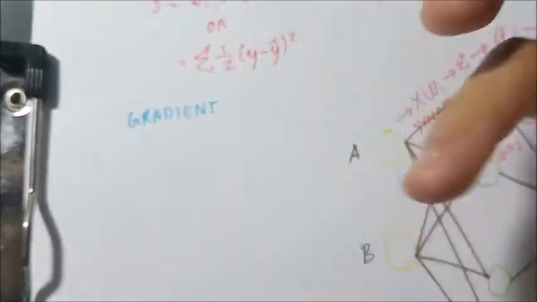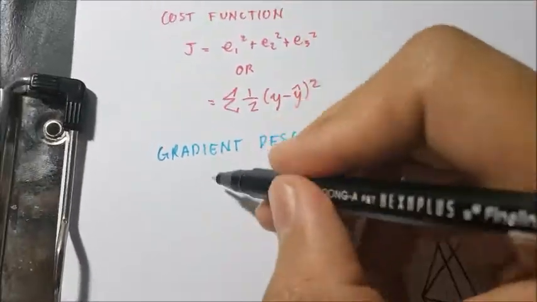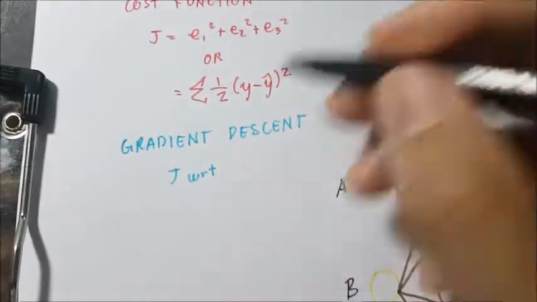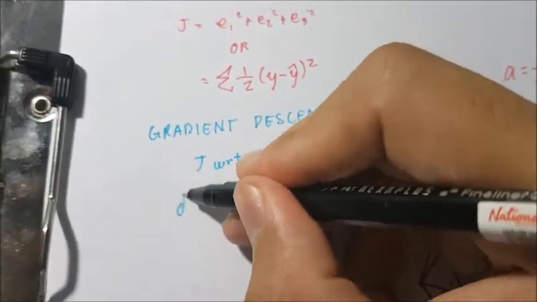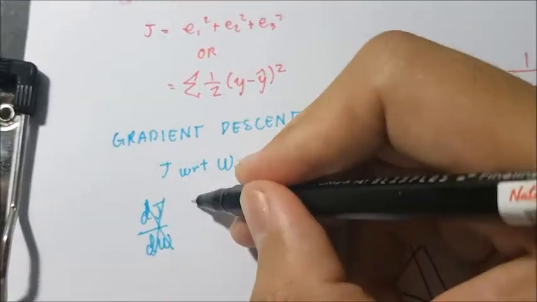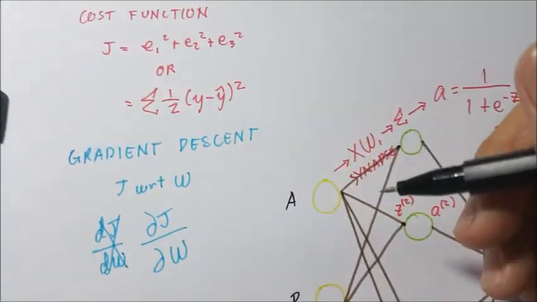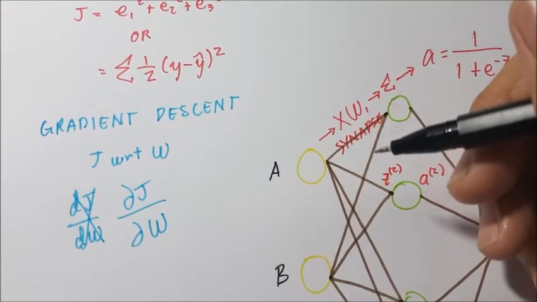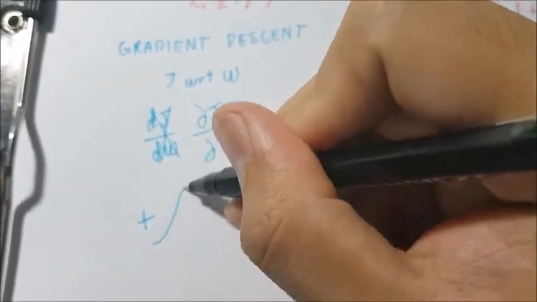We could do this by using a method called gradient descent, where we observe the rate of change in J with respect to W, or simply the derivative of J with respect to W. But since we are just observing one weight at a time, it would be the partial derivative of J with respect to W. If the value of our dJ/dW, or the partial derivative of J with respect to W, is positive, then we are going uphill.